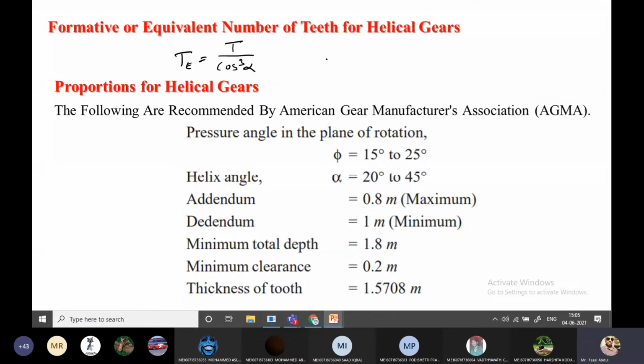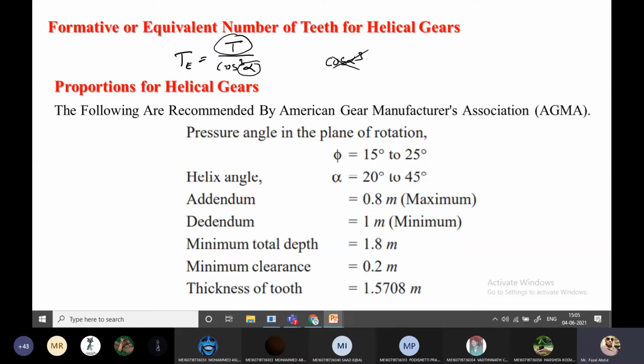People always make this mistake. I am not writing cos alpha cube, this is wrong. It is cos cube alpha. Here T' is the equivalent number of teeth on a helical gear, T is the actual number of teeth on the gear, and alpha is the helix angle.